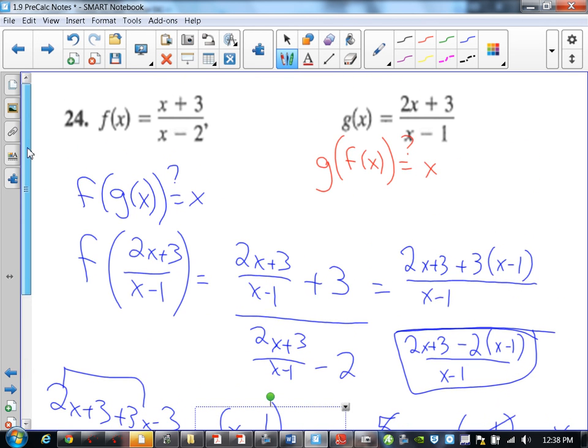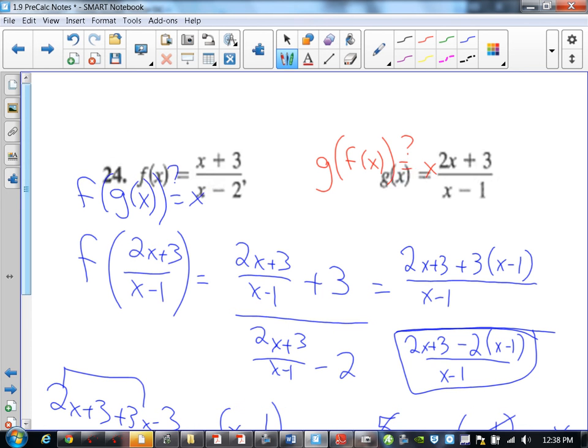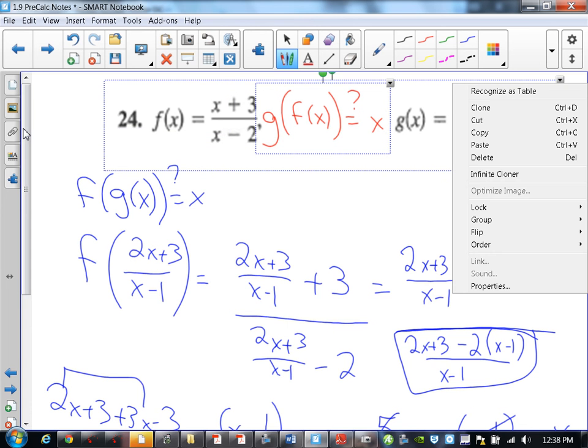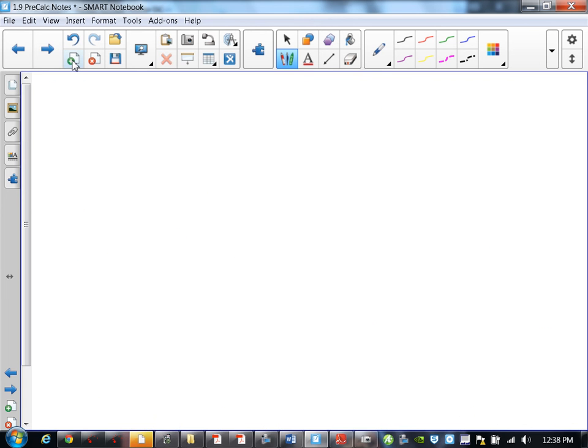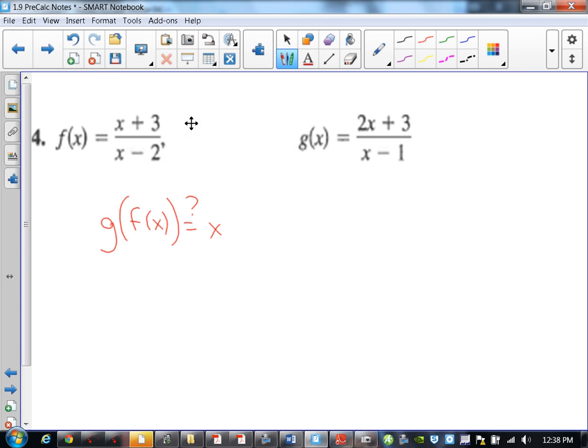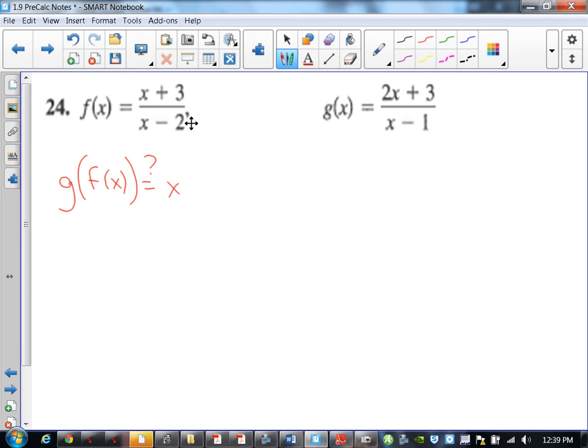Let's do the other way: g of f of x, which means we verified the first one. So now this way, we start with g, and we're going to surround it. We take the x plus 3 over x minus 2 and substitute in the g of x equation.